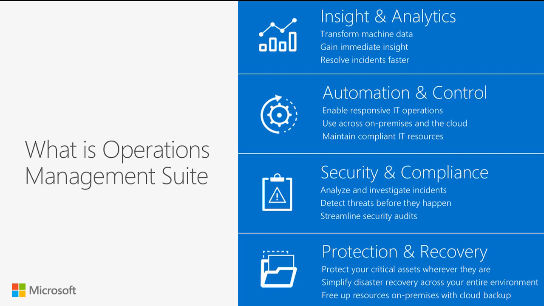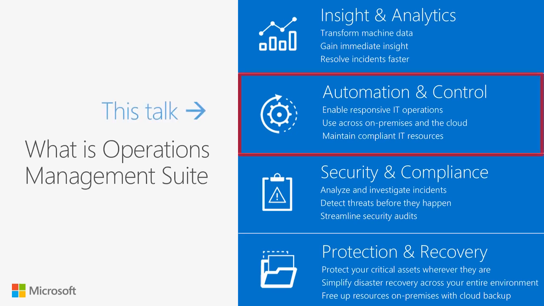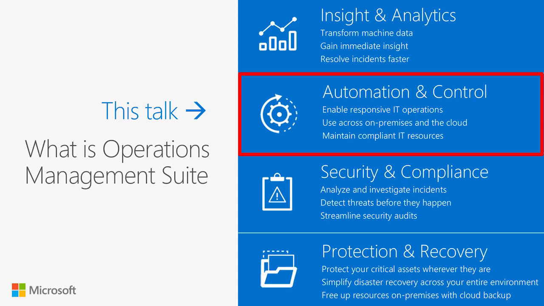Security and compliance, of course, respond faster to security threats, identify emerging threats to protect your critical data and workloads. And finally, protection and recovery. Ensure availability of your applications and data with a simple, automated data protection and disaster recovery in the cloud. In this presentation, we're going to focus on the automation and control component of OMS.